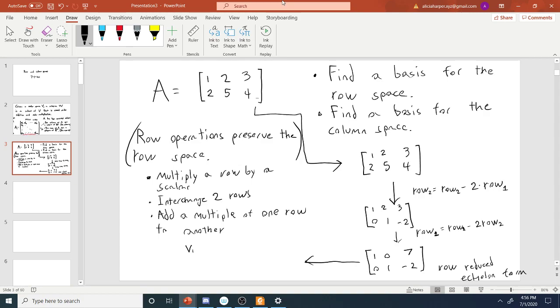If we set v1 to be the row vector 1, 0, 7, and we set v2 to be the row vector 0, 1, -2, these form a basis for the row space.